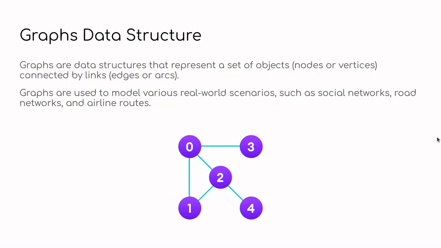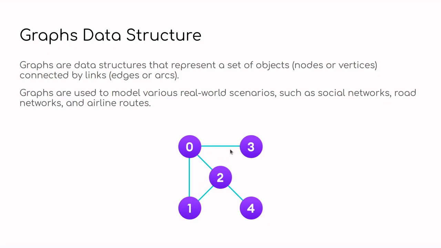Now graph data structures. Graph data structures represent a set of objects, called nodes or vertices, connected by links called edges or arcs. So here 0 is connected to 3 by this edge or link, 0 is connected to 2, and 0 is connected to 1.